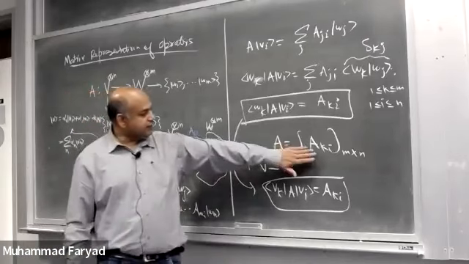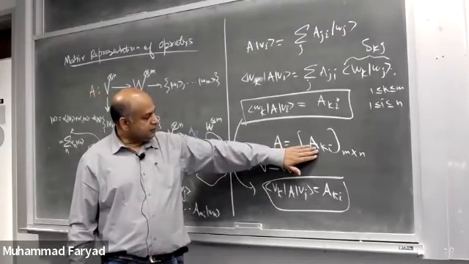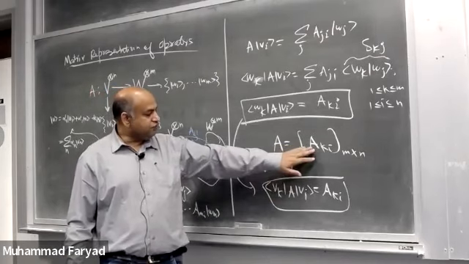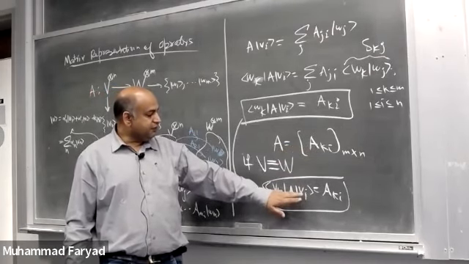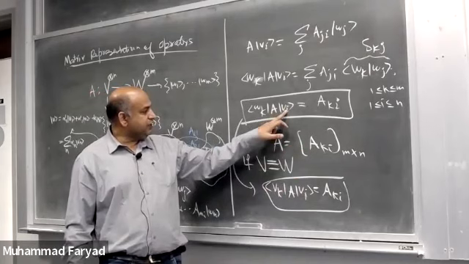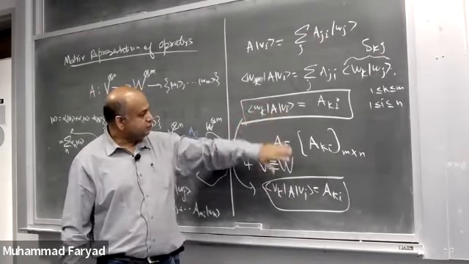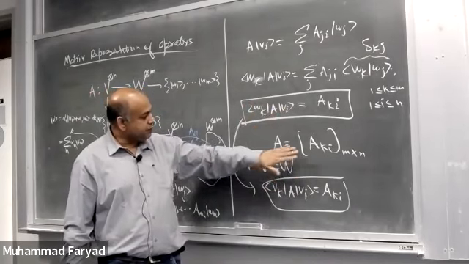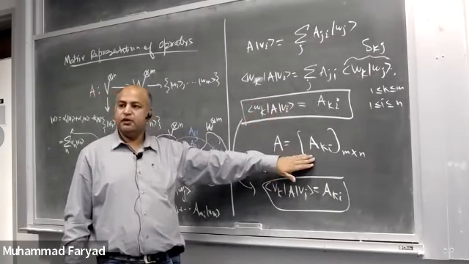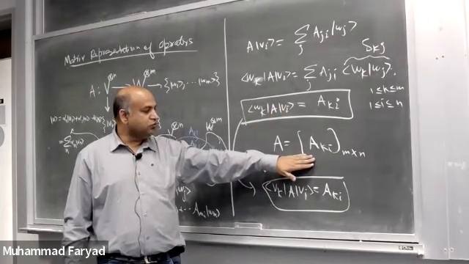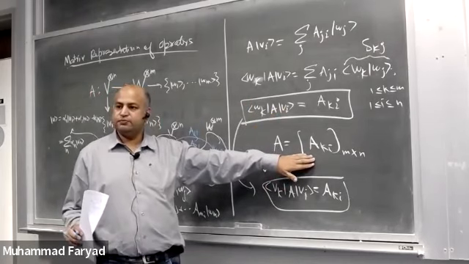These numbers are telling us the transformation or the coefficient for converting a basis vector in the V space to the W space. And with this, we can make a connection of our operator with the matrix notation. And that's what we are now going to do throughout the course.